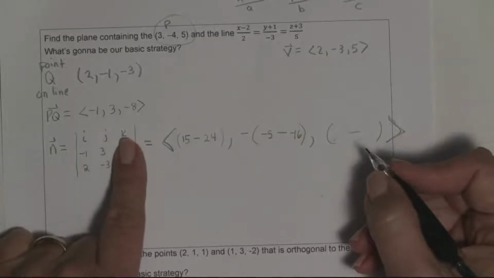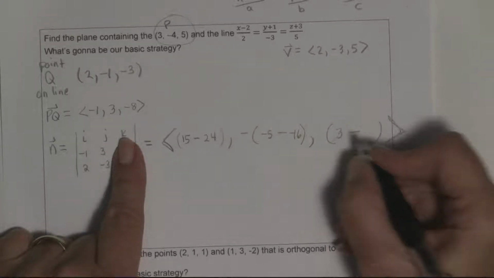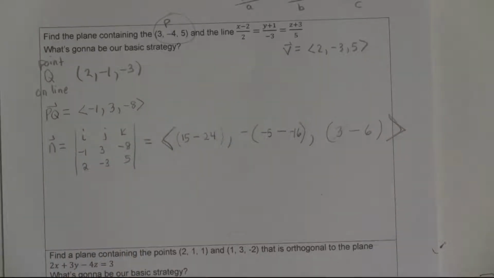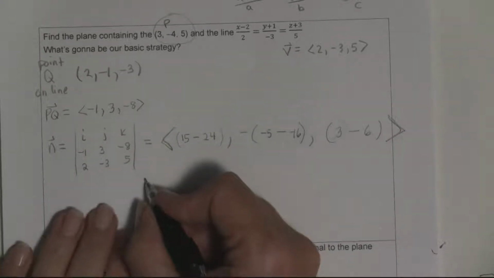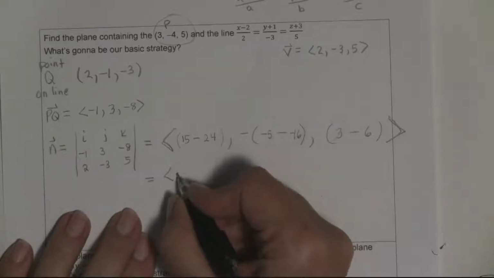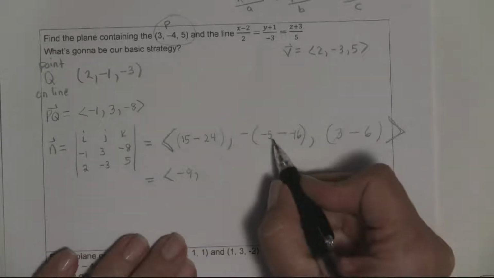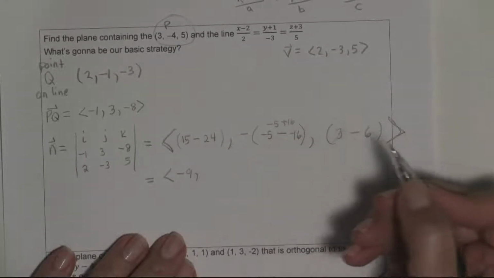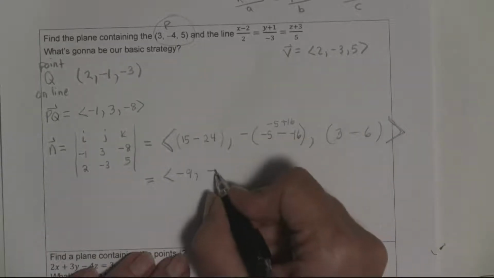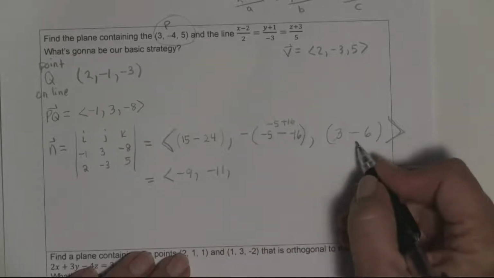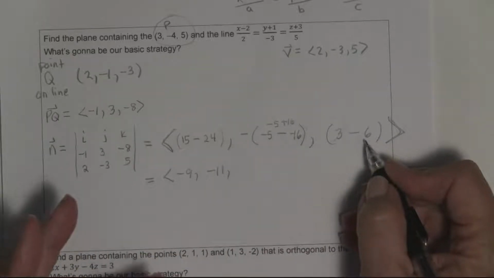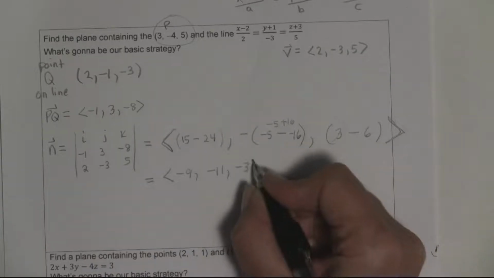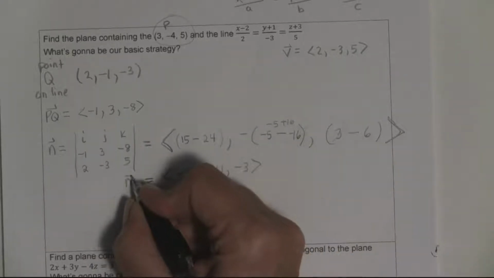And then I'm getting +3, and then back the other way 6, and I already put my subtraction in there. And so when I do this arithmetic, I'm getting -9. And then in here, I'm getting -5 plus 16, which is 11, so -11. And then here, I'm getting 3 take away -6, so I'm getting -3. And this is my normal vector.